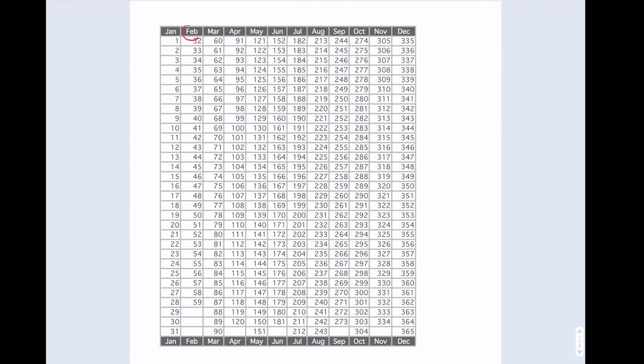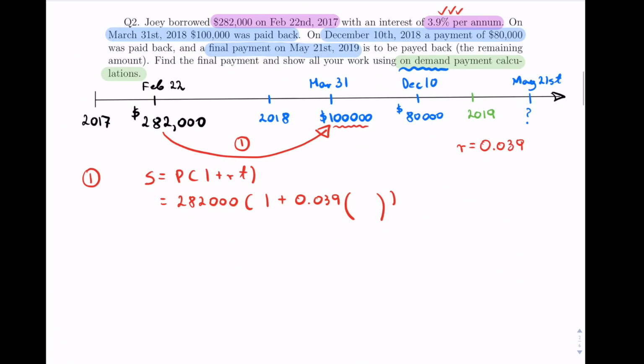So February 22nd. So that's, so right here, 53rd day. Okay, so let me put that in. So I'm going to do it here on the side. So that's, sorry, here, 53rd day. And then March 31st.